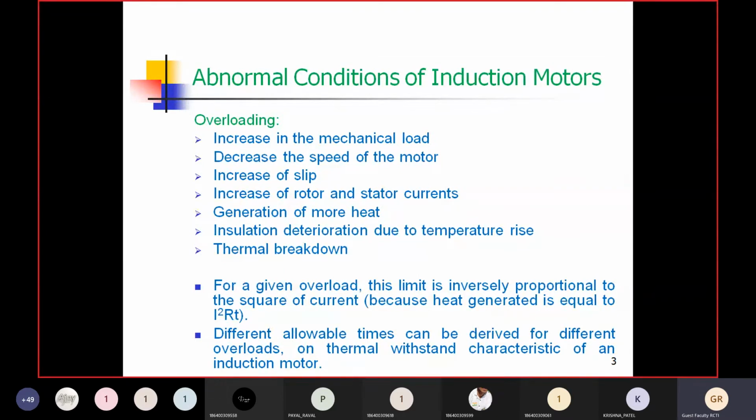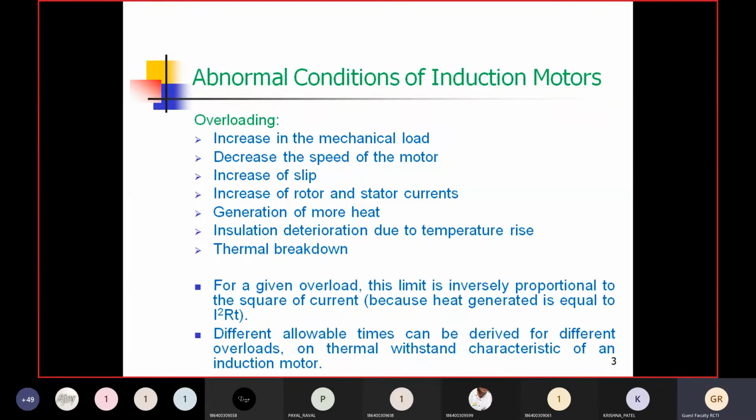I hope that all the points which I have written in my slide can be understood by you properly, and you can differentiate between a simple overheating effect and the effect that is converted into a fault because of overloading, because of this thermal breakdown effect.